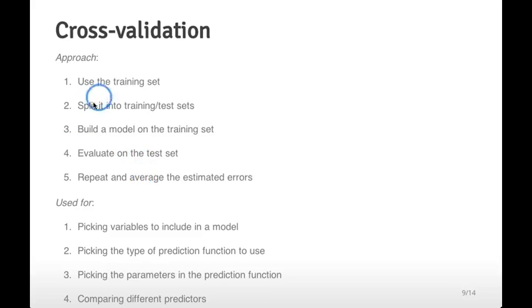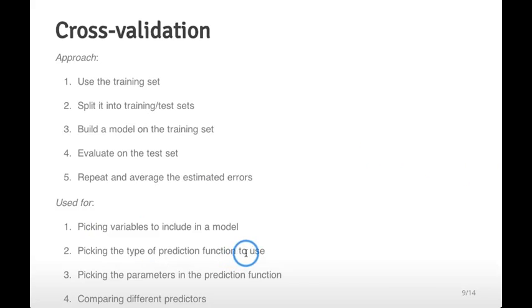So this cross-validation approach is basically saying, okay, we're just going to take the training set, break it up into a sub-training and test set, and repeat the procedure just like we will on building our model on the actual training set and applying it to the actual test set. And then we can estimate the test set accuracy. This is used for picking which variables to include in a model, so this is sort of feature selection, or picking the type of prediction function to use.